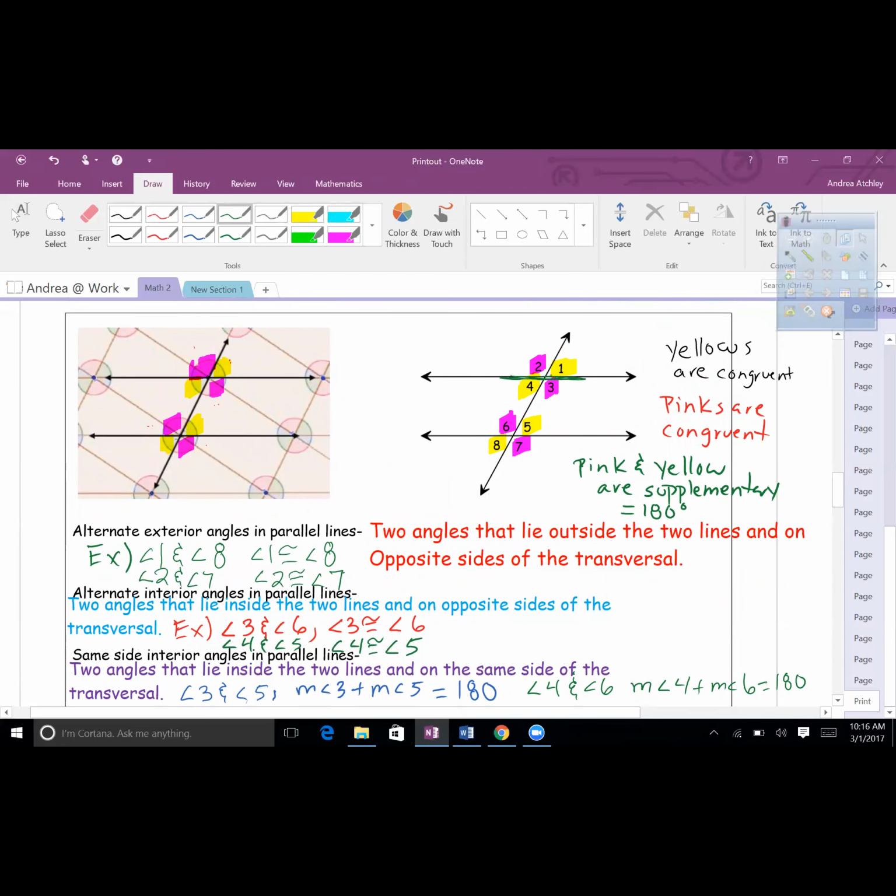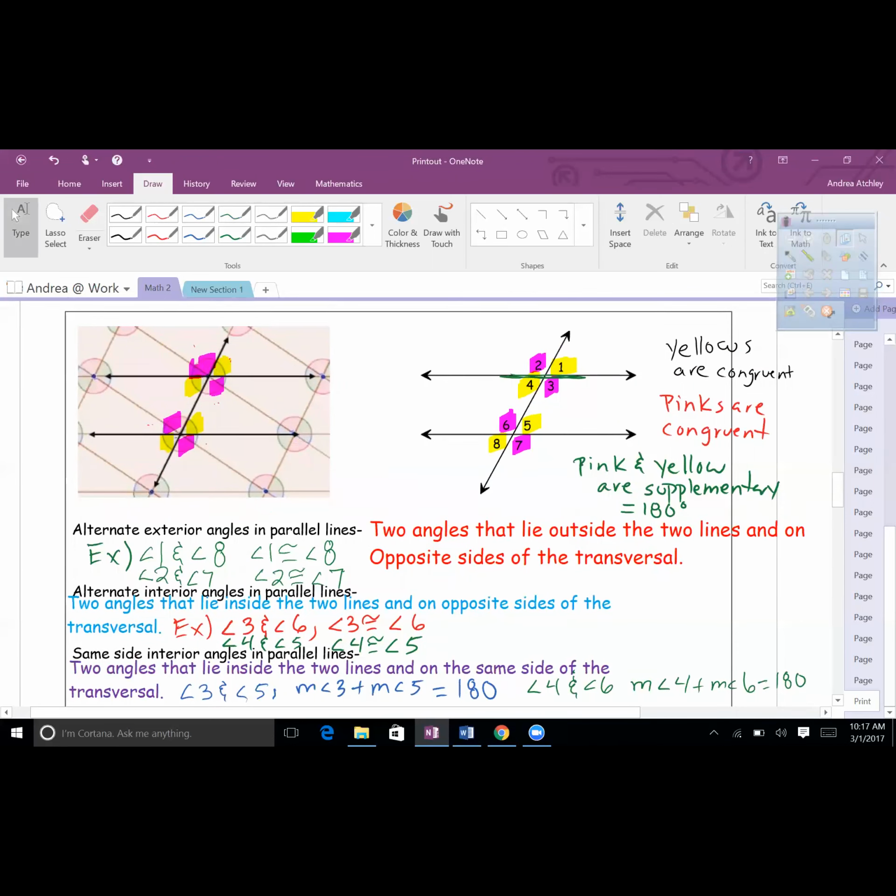So angle 1 is above this top line and on the right-hand side of your transversal. Angle 5 is above the bottom line and is on the right-hand side of the transversal. So 1 and 5 are called corresponding angles.